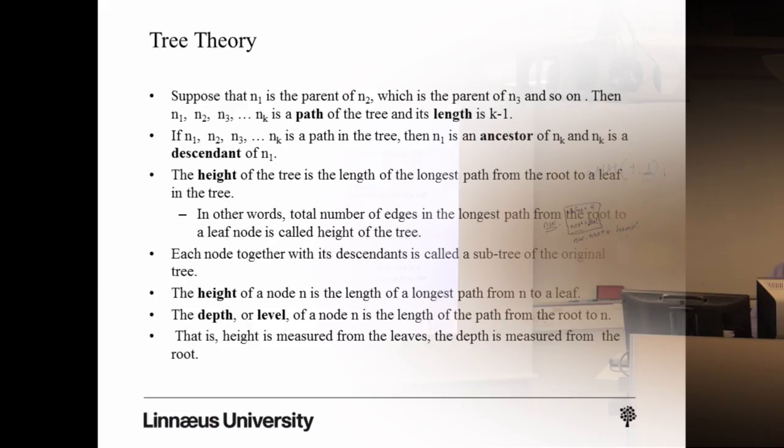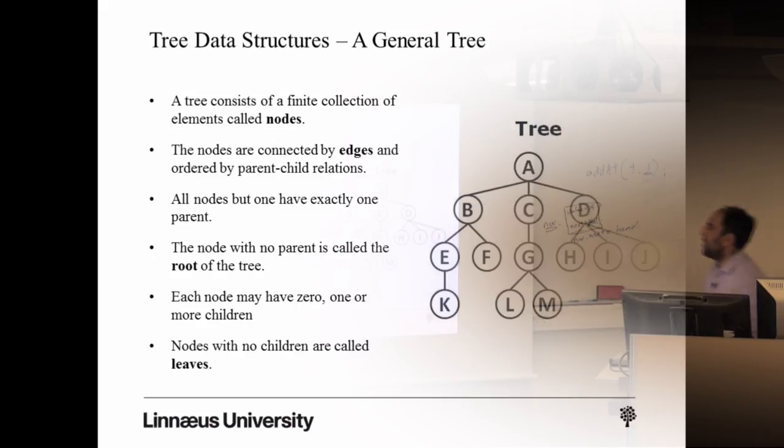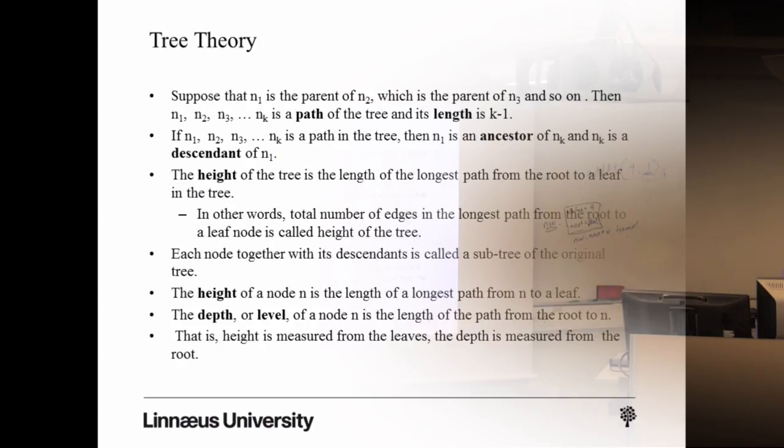For example, the path. If you have nodes N1, N2, and N3, the edges and the nodes that link one node to another form a path. Suppose N1 is the parent of N2, which is the parent of another node N3, and so on. The sequence of nodes from one node to another is the path.